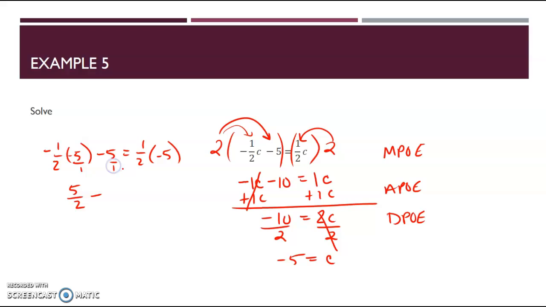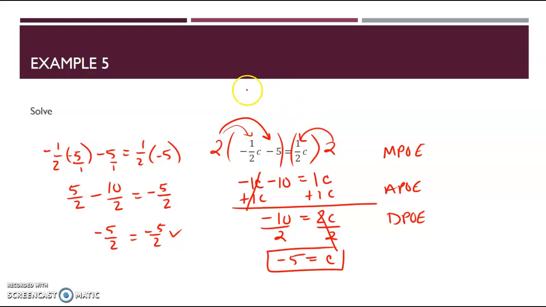If this is 5 over 1, I take both of these times 2, so I end up with 10 over 2 equals, and in this case it would be a negative 5 over 2. And then 5 halves minus 10 halves is a negative 5 halves, which equals a negative 5 halves, which means that negative 5 is indeed the correct answer.